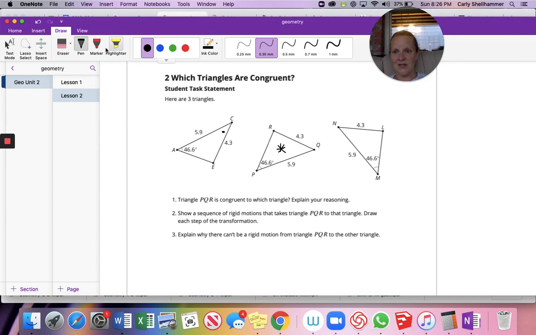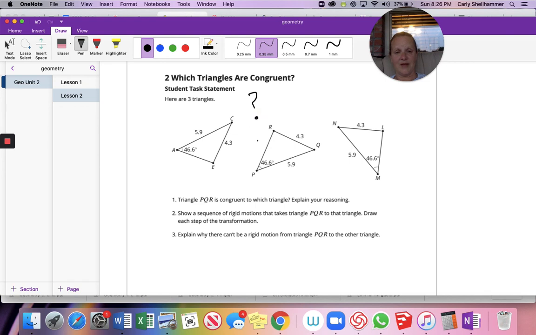Alright, so that wasn't a good test. Let's see if we can whittle it down just a little bit further. I'm going to go 4.3, 5.9, 46.6. So it could be all of them.